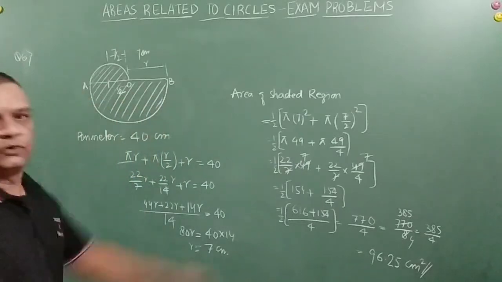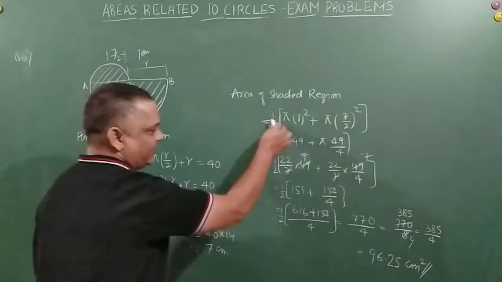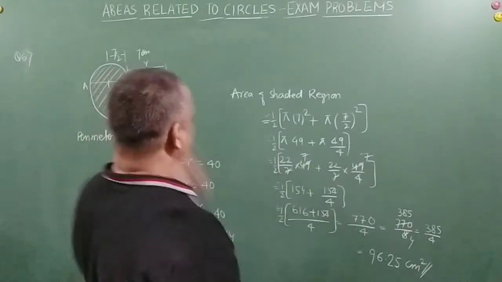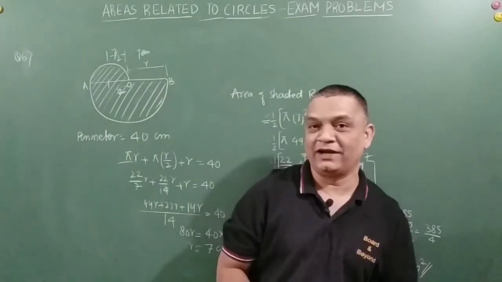Right, friends? Sorry, this thing actually I missed, because this is all semicircle, right? So it will be half pi r square, it will not be pi r square.